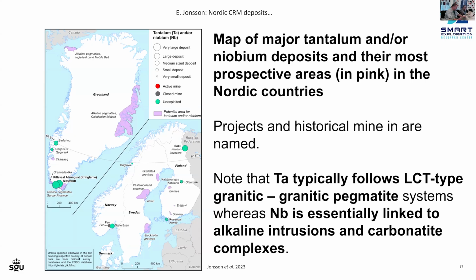The other one is the presently being developed Sokli carbonatite complex, just sitting next to the border to Russia. And it's actually an outlier from the Devonian Kola alkaline province. And that I will touch upon a little bit more in a wee while.